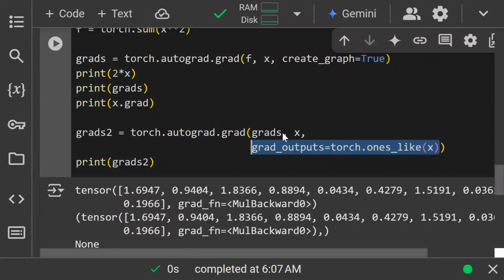So this is the rigorous second order derivative of the vector valued function. Now the problem is, like I mentioned earlier, we do not handle the actual Jacobian. Instead, what PyTorch does, so this is our Jacobian.